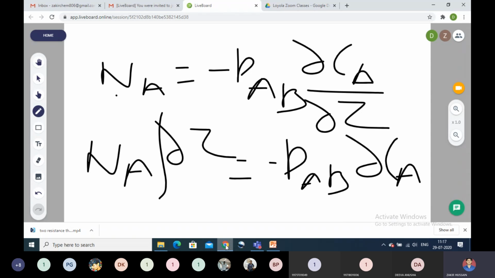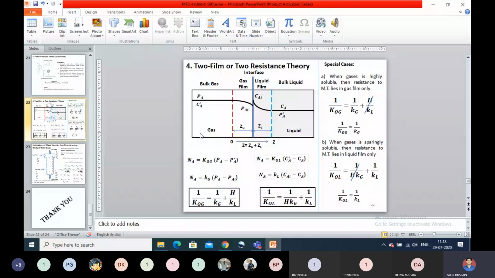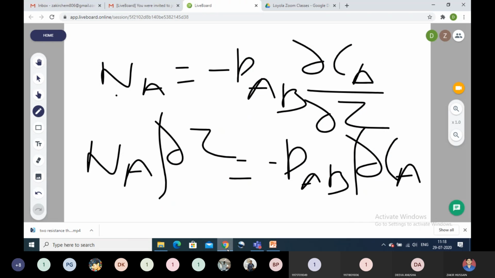Now we have to fix the limits. We are deriving the individual mass transfer coefficients. If we are deriving for the liquid, we have to use this region only. Z equal to 0 means the concentration CAI, and Z equal to some Z means the concentration CA. Up to these concentrations only we will consider.